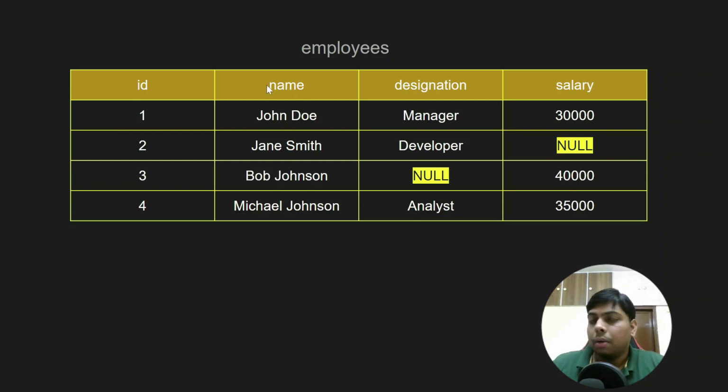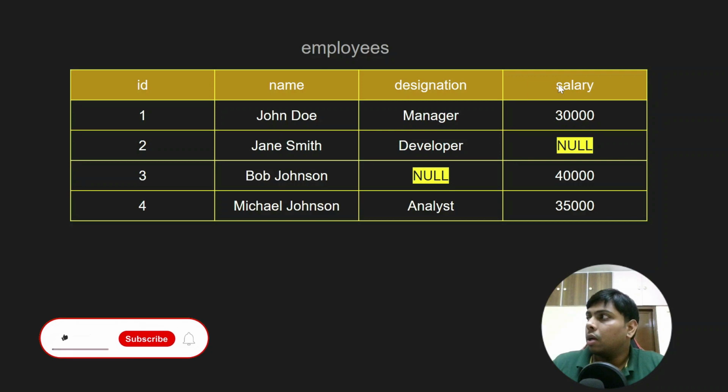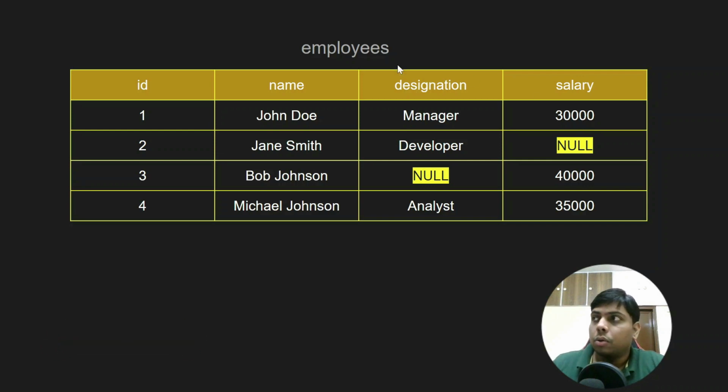In this column I can only store string data, I cannot store a number. Similarly, in the salary column I am supposed to store a number, so I cannot store a string here. Each column is supposed to adhere to a particular type of data. I cannot randomly put any data type into any column.